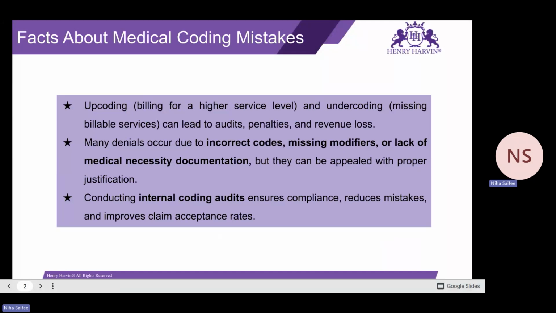So here we can discuss two coding mistakes: upcoding and undercoding. Upcoding is billing for a higher service level, and undercoding is missing billable services. Upcoding, in the sense that there are some codes which contain multiple scenarios or multiple procedures that have been done.